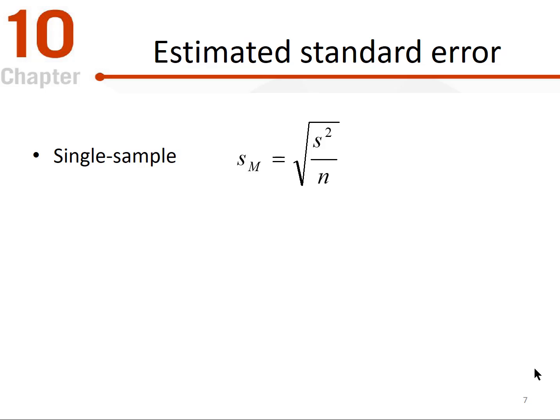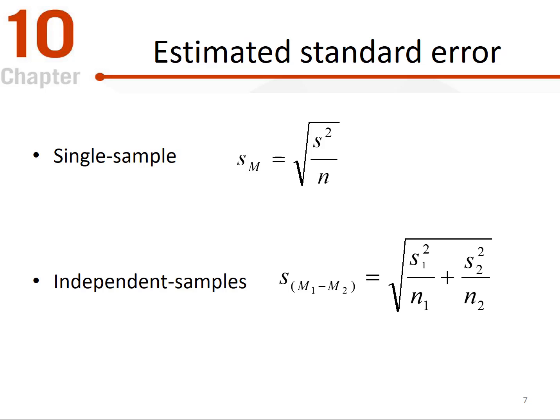So last time we said that in the single sample t formula, the standard error measures the amount of error that's expected for the one sample mean that we had. For the independent sample t-test, the standard error measures the amount of error that is expected when we use the sample mean difference of M1 and M2 to represent a population mean difference.